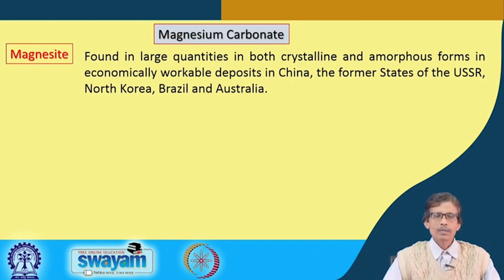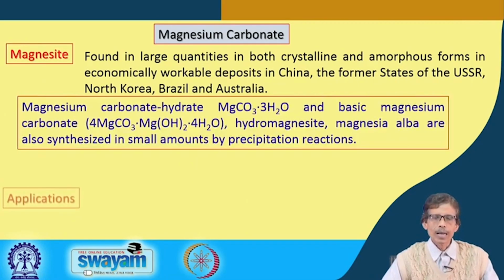So, we have this magnesite deposit, in terms of magnesium carbonate, in China, the USSR, North Korea, Brazil and Australia. All these countries have very huge deposits of magnesite. So, we can use that as a very useful material for getting magnesium as well as magnesium carbonate.